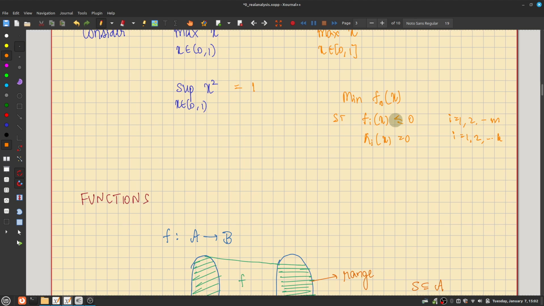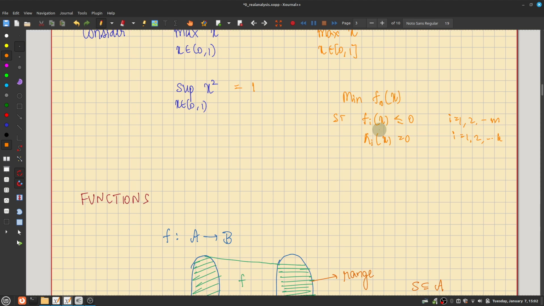Right? These weren't strict inequalities. In the standard form that I considered in the previous class, the constraints were all of the form some function less than or equal to 0 or some function equal to 0. Right? With the hope that this defines a closed set.